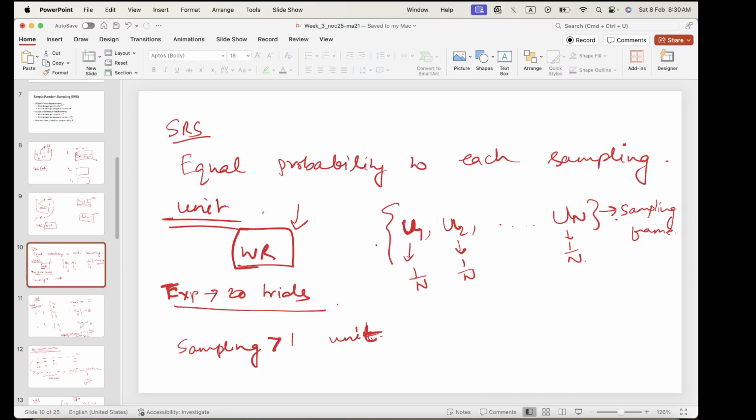Now, this is simple random sampling, where we assign equal probabilities. Equal probability assignment is the main purview of each sample in simple random sampling.